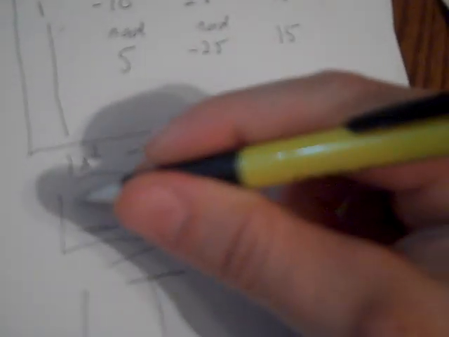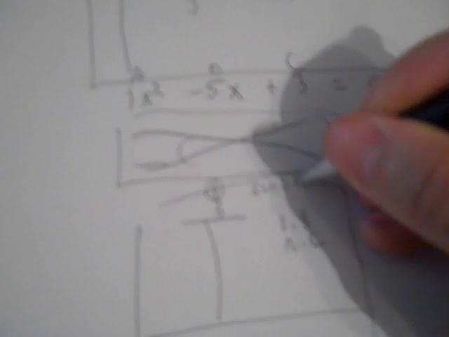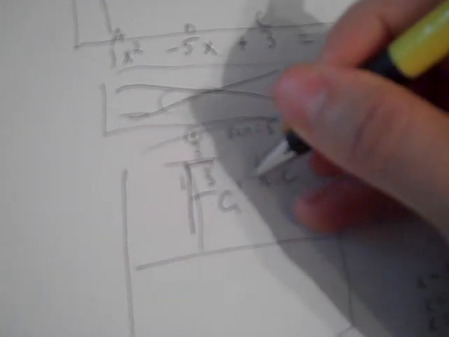X on everything, nope. 1, 5, and 3 is 1, so nothing going on there. A, B, C. Take the A times the C, so 1 times 3, that's 3. Positive. Sum of 5. Well, 1 and 3 are the only factors of 3, and those don't make a sum of 5, so that's a fail.